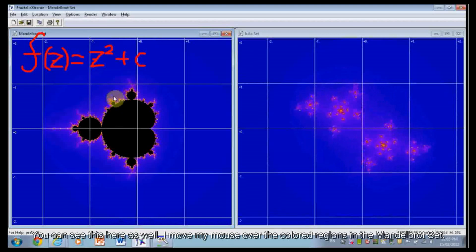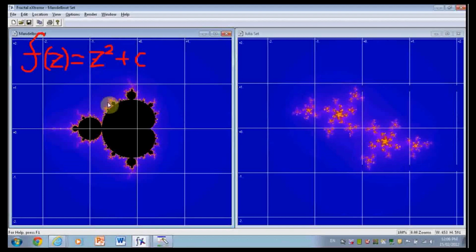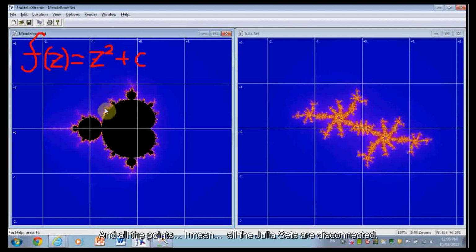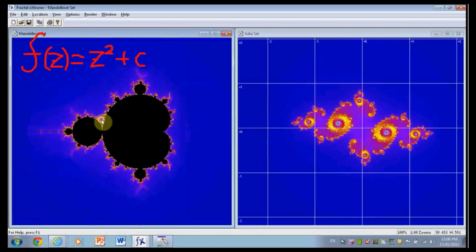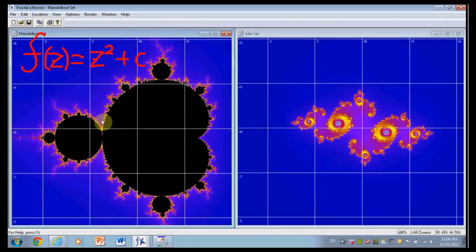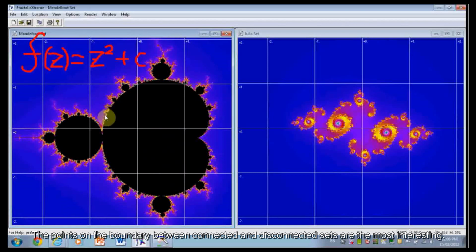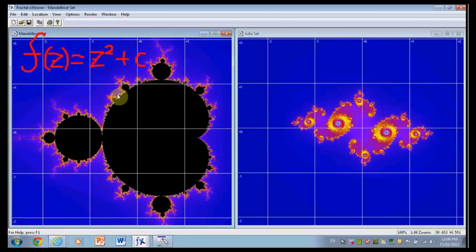You can see this here as well. I move my mouse over the colored regions in the Mandelbrot set, and all the Julia sets are disconnected. The points on the boundary between connected and disconnected sets are the most interesting.